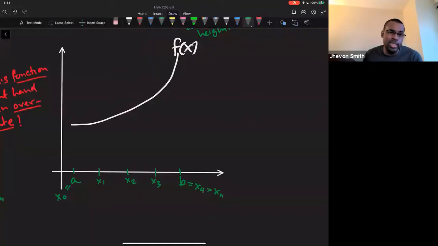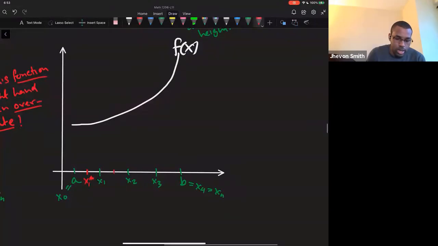Instead of using these x's, we're going to use some different x's. We're actually going to take x's that are in the middle. So we're going to take this guy here. Let's call him x1 star. That's the typical notation. Guy in the middle here, x2 star. Guy in the middle here, x3 star. Guy in the middle here, x4 star. And these guys are going to be what determines the height.